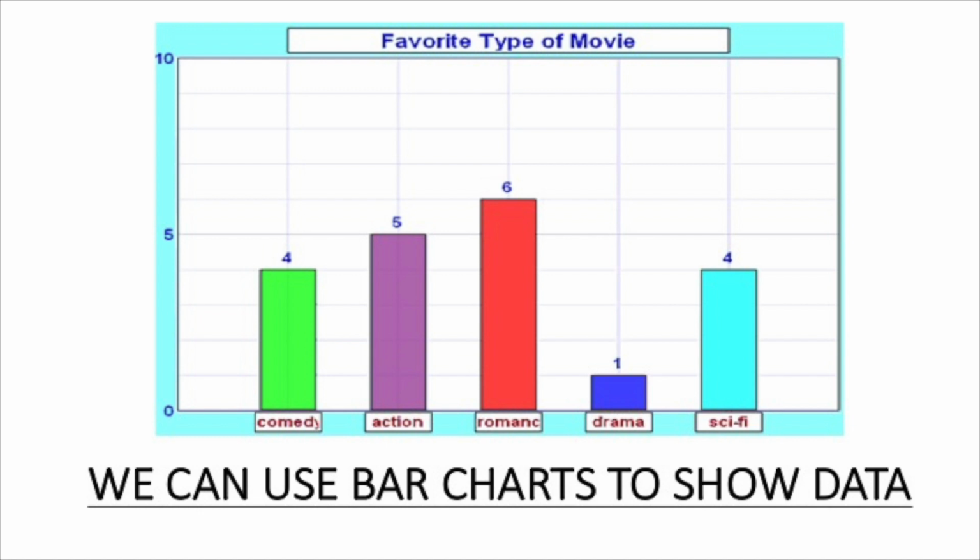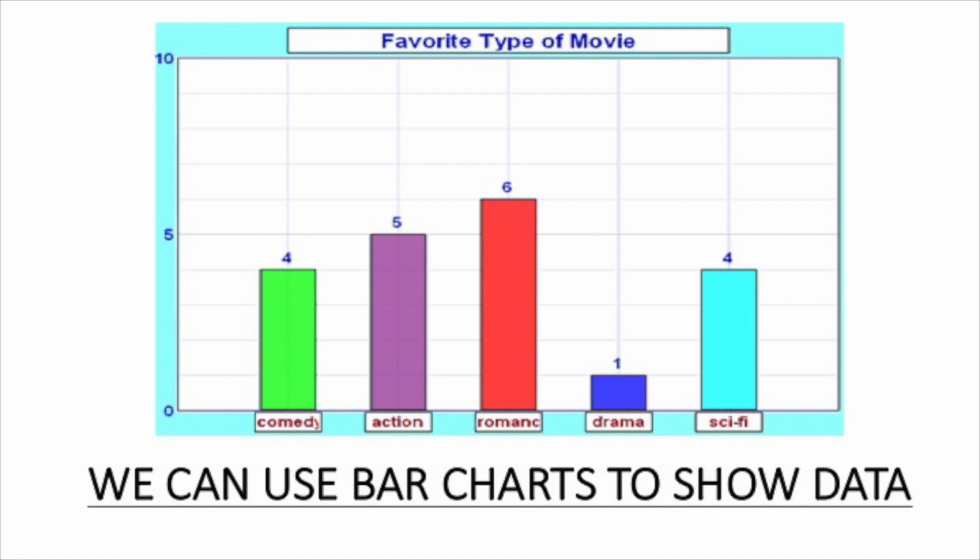So the horizontal axis, that's the line going across, shows the different choices. And the vertical axis, the one that goes up, shows the numbers of people. And each bar represents the number of people who like each type of movie.